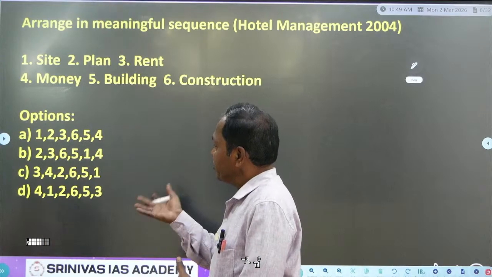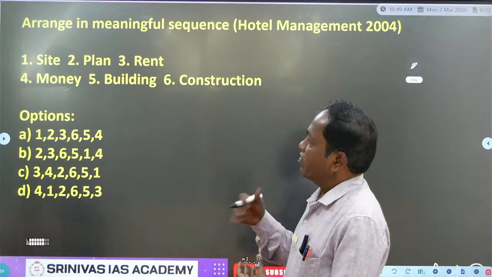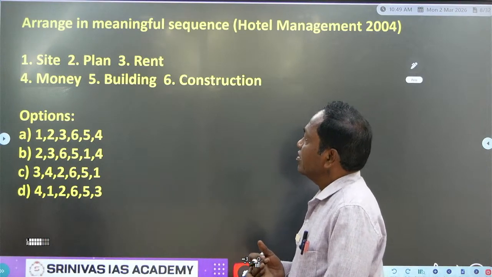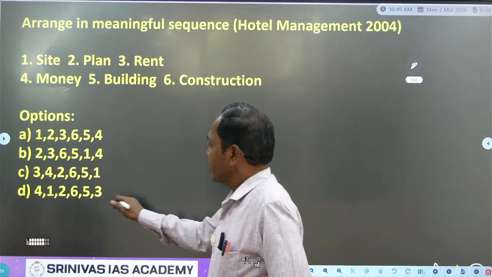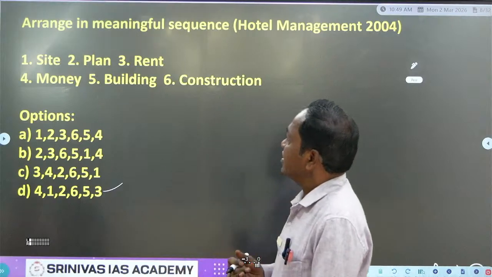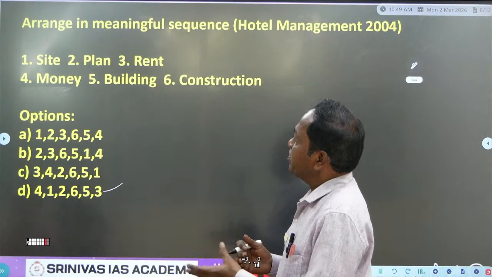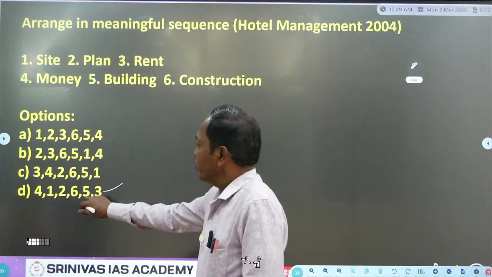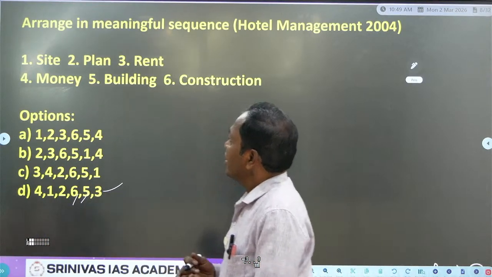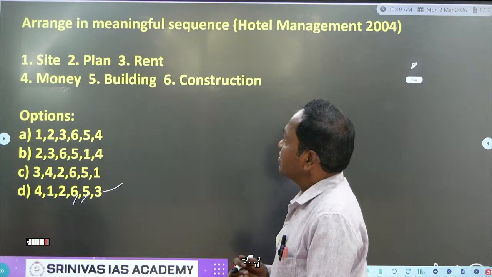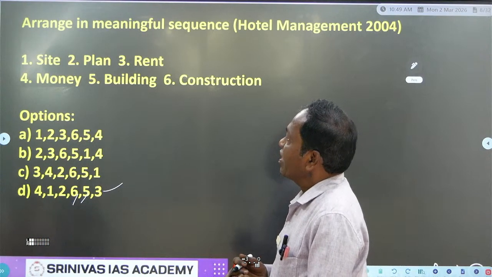Maybe from the word rent. Before rent there must be a building, 5. And construction, 6. Like site, plan, money.